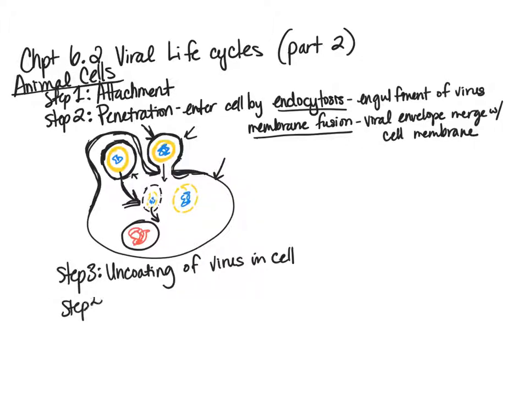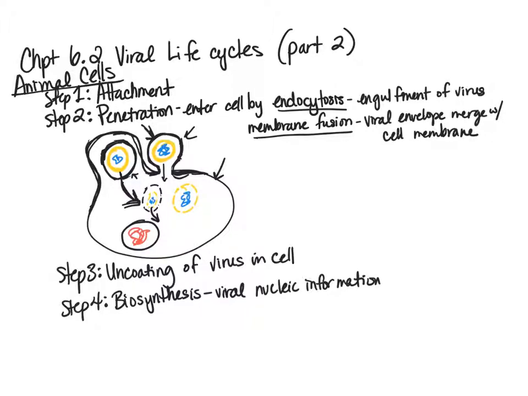Then we have step 4. In step 4, we have biosynthesis. And in biosynthesis, the nuclear information is going to start to make copies, right? So just like we saw with the bacteriophage, we can see our viral nucleic information makes copies.